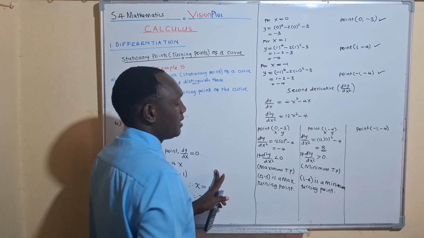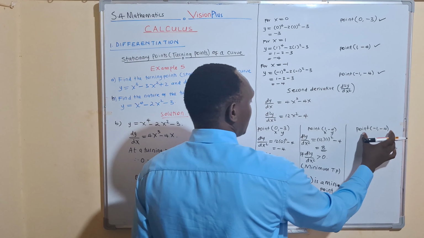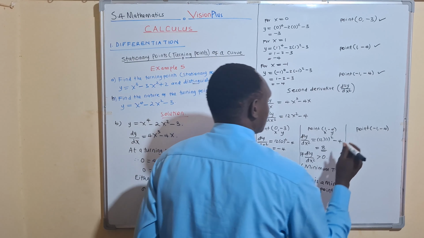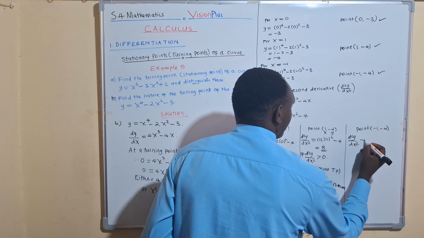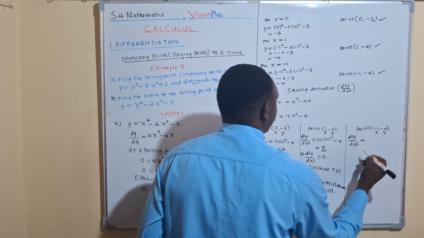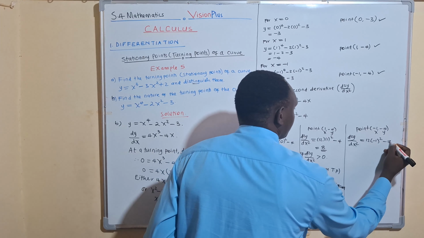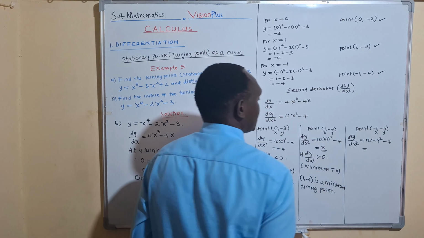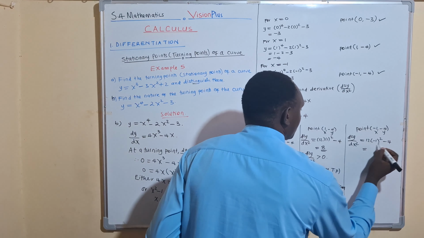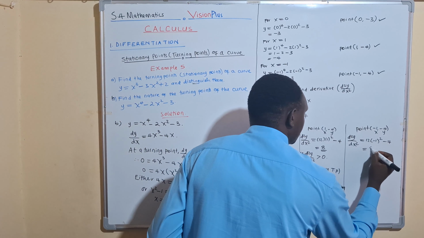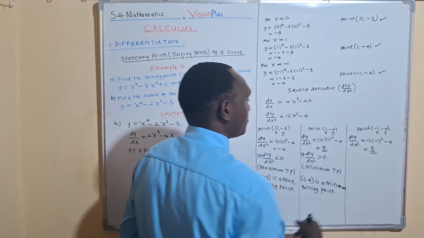In that manner. Now let us come to the last point and we test for it. We use still the second derivative expression. Our x is negative 1. So we shall have 12 times negative 1 squared minus 4. If you square negative 1, it gives you positive. So 12 minus 4 is 8. Now we judge again. 8 is more than 0.